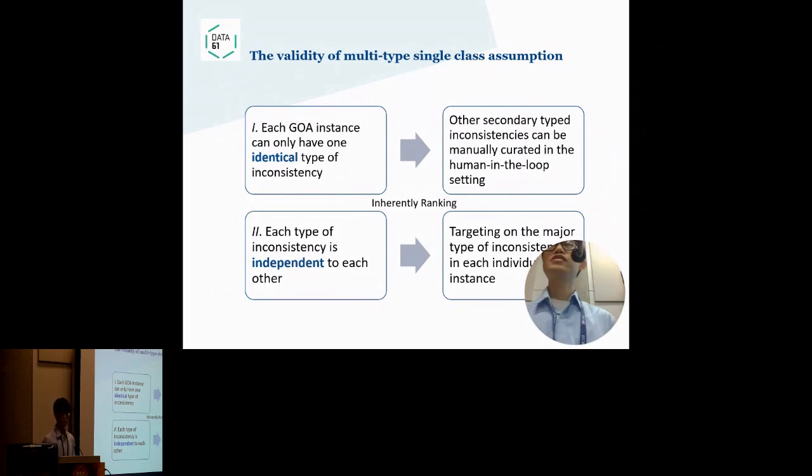So if a suspicious instance can be classified by the automatic system, regardless of the number of inconsistencies it might involve, this instance will still be forwarded to human curators for further review. And another advantage of this assumption is that it inherently entails a ranking mechanism, because it is trying to classify the most likely type of inconsistency an instance can involve.